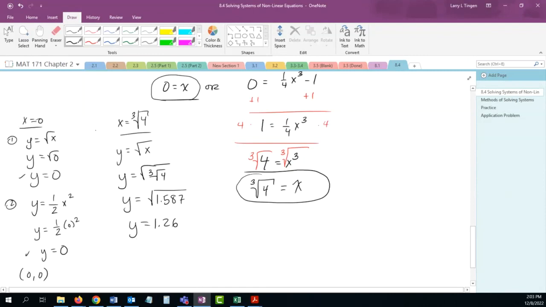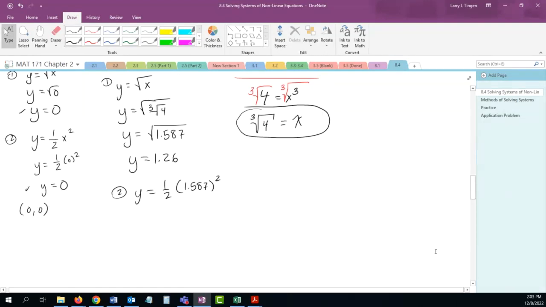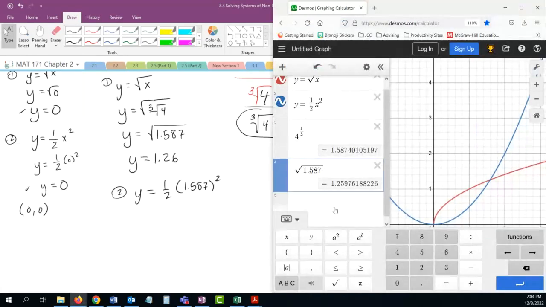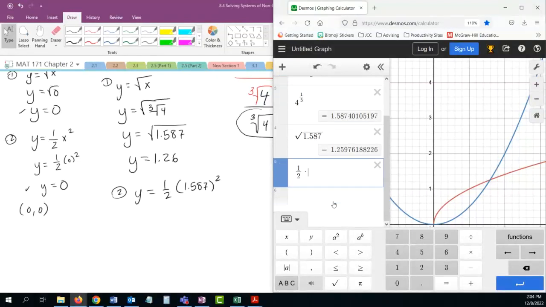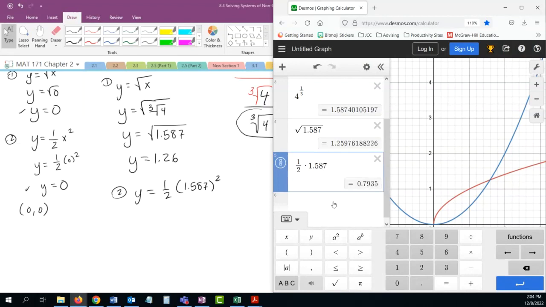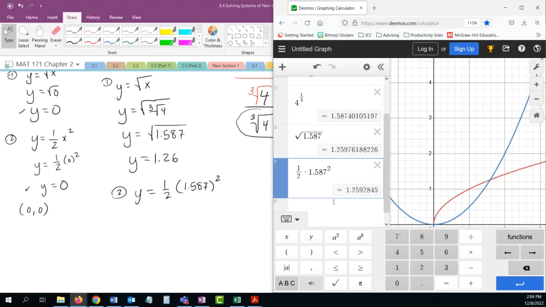All right, so that's it for equation 1. What about for equation 2? Equation 2 says y is equal to 1/2 x squared, and I'm going to go ahead and plug in 1.587 for x. I would put all of that in the calculator, or into Desmos, in one step. 1/2 times 1.587 squared.